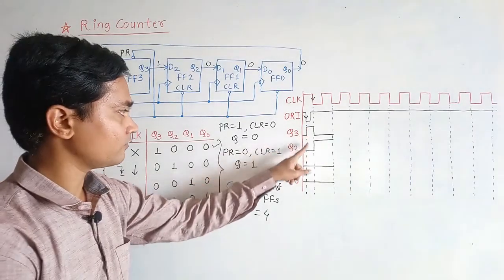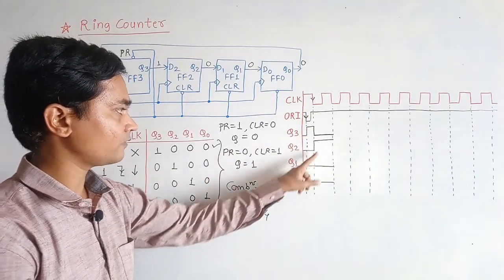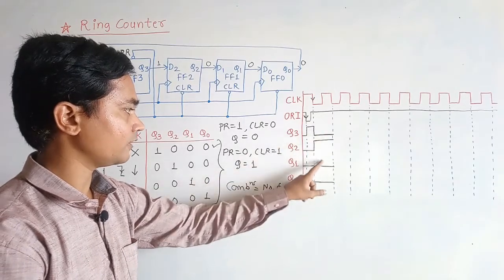So this 1 0 0 0 will be shifted as 0 1 0 0.